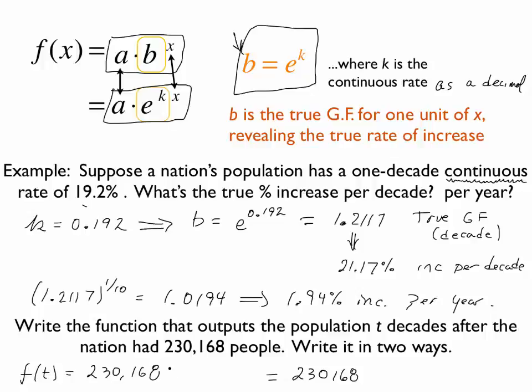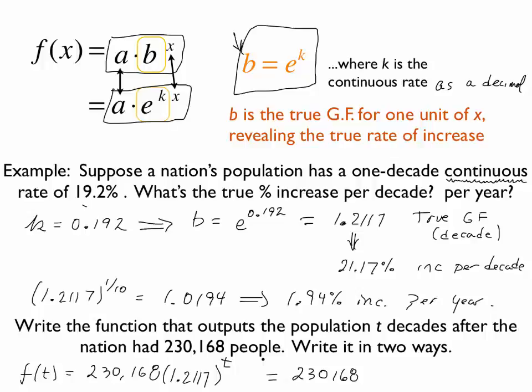So old way would be times what? It's going to be times the 1 decade growth factor, 1.2117, to the t. That's the old way, right?